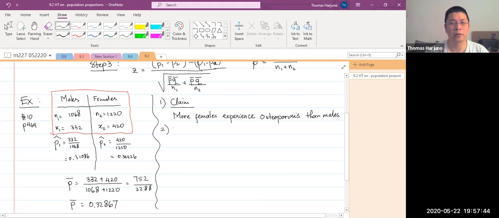So, hypothesis: the null hypothesis, the alternate hypothesis. More females means the male one, P1, is less than P2. So P1 is less than P2, that's the claim. And that's a left tail, right?